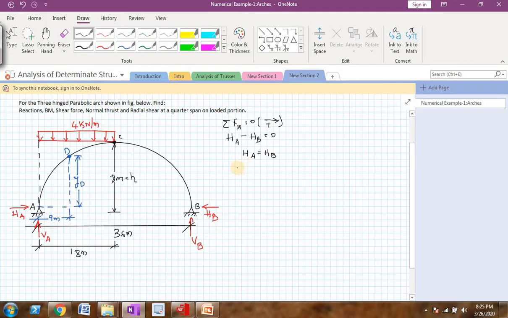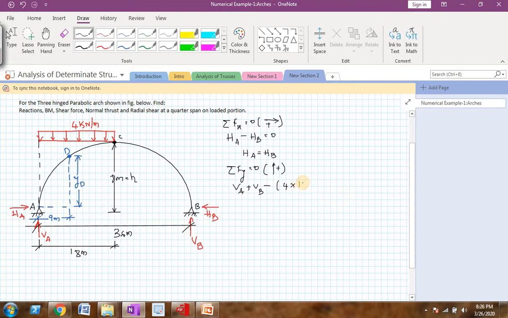Next, I will apply the second equilibrium equation, that is summation of Fy equal to 0, and my sign convention will be all the upward forces as positive. Now I will come to know that this VA and VB are upwards, so I will write it as VA plus VB, and this uniformly distributed load is downwards, so I should write it as minus total uniformly distributed load, that is 4, and it is over the span of 18 meters.